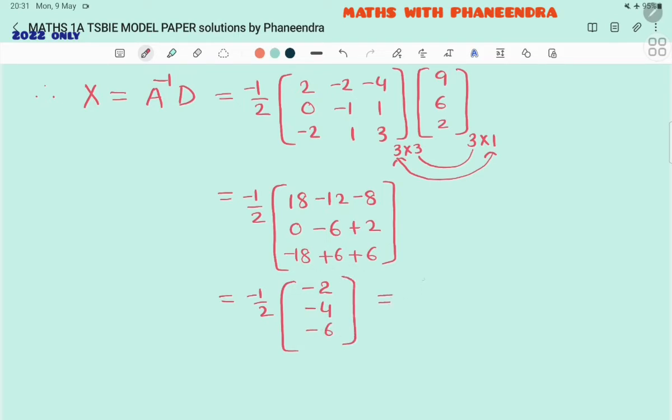So each and every term dividing by minus 2: minus 2 by minus 2, minus 4 by minus 2, minus 6 by minus 2, which is equal to 1, 2, 3.